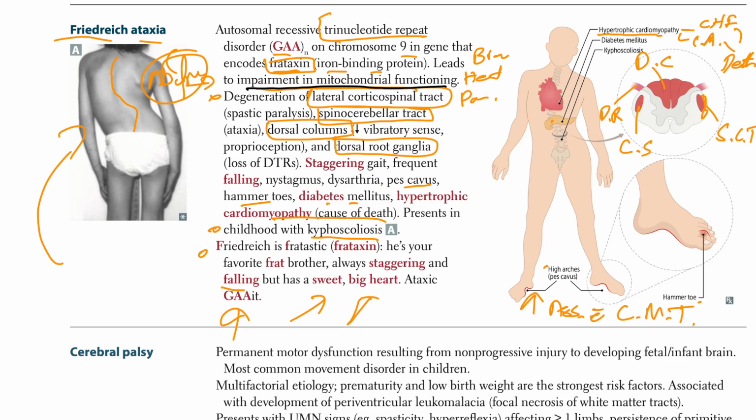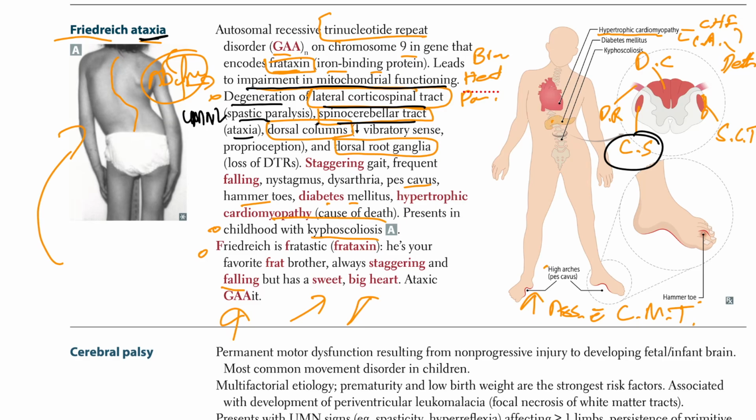When the mitochondria do not function normally, you get degeneration of different areas of the spinal cord. The lateral corticospinal tract gives spastic paralysis, an upper motor neuron lesion. The spinocerebellar tract gives ataxia, as the name suggests.